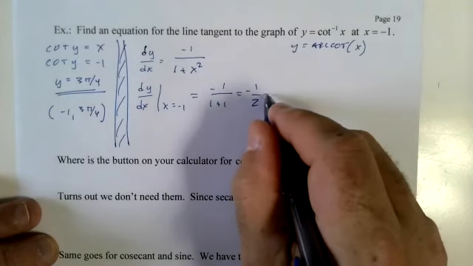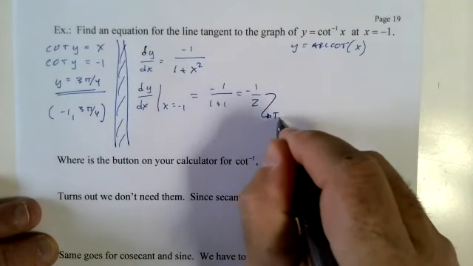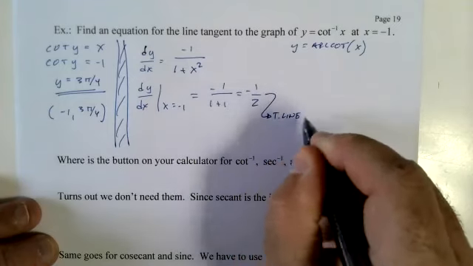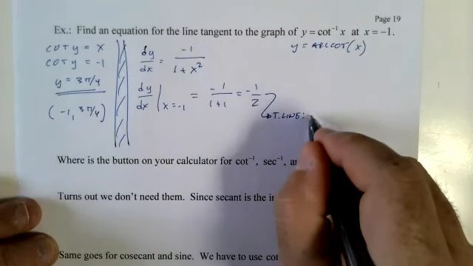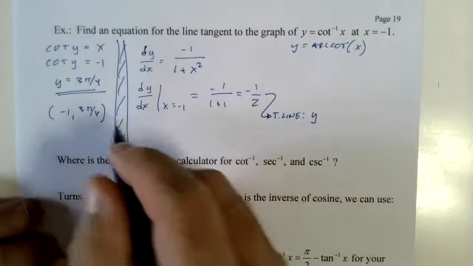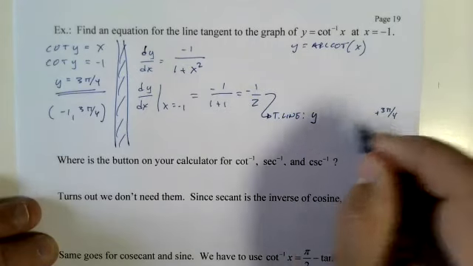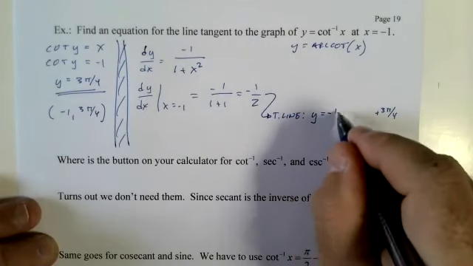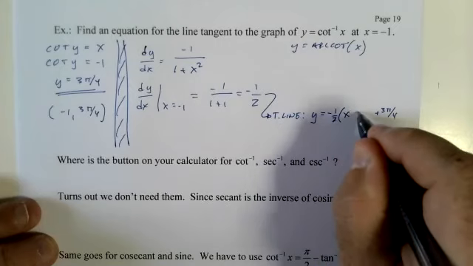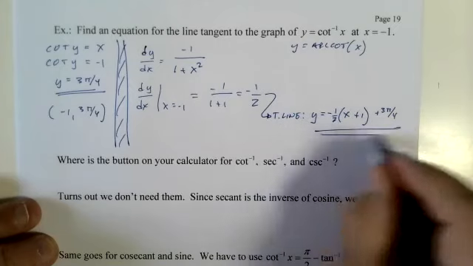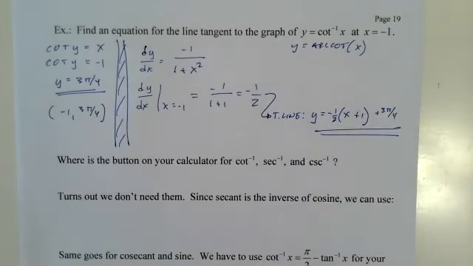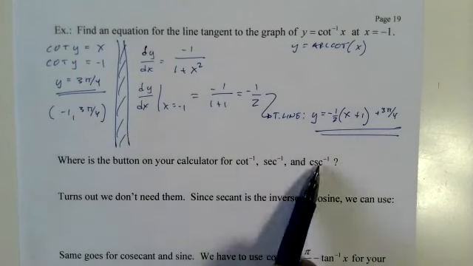So the tangent line: y minus 3π/4 equals -1/2 times (x plus 1). Cool. By the way, notice there's no button for these on your calculator.